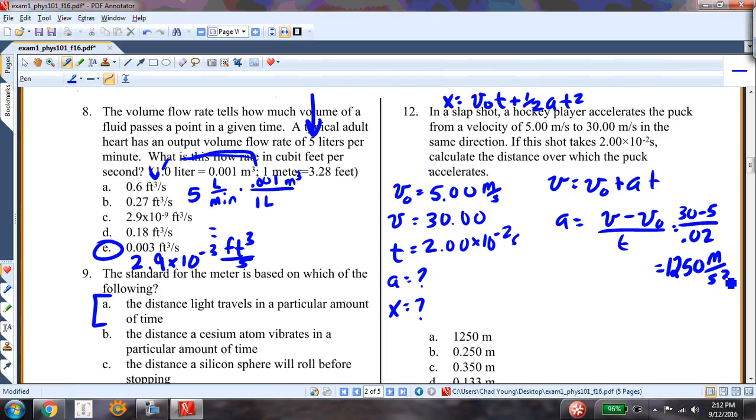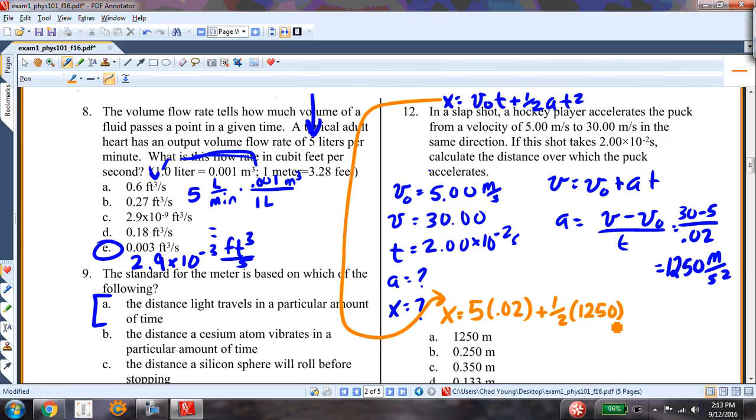So it goes from 5 to 30 meters per second by this acceleration. Now we can go and work this other problem, which is to find x. So x is equal to V naught, that's 5, times T, which is 0.02, plus 1/2 of 1250. That's my acceleration, which I've just determined, times 0.02 squared.